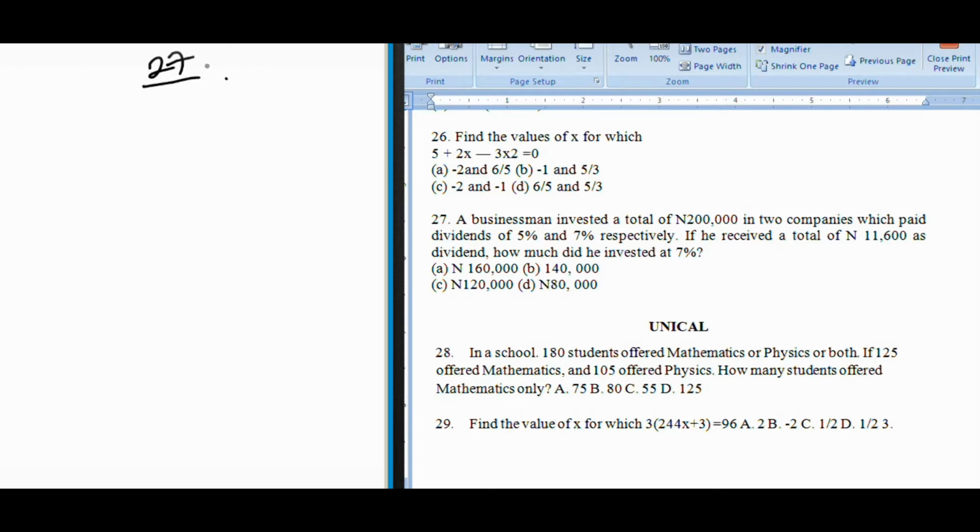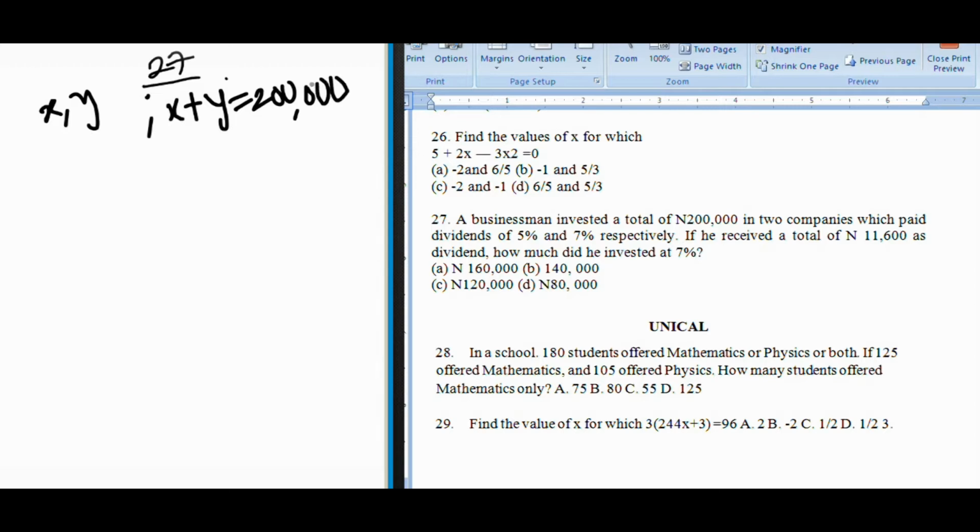Now, let the two companies be X and Y. Okay? If the man invested a total of 200,000, that is X plus Y is equals to 200,000 naira. That is the money invested in the two companies.